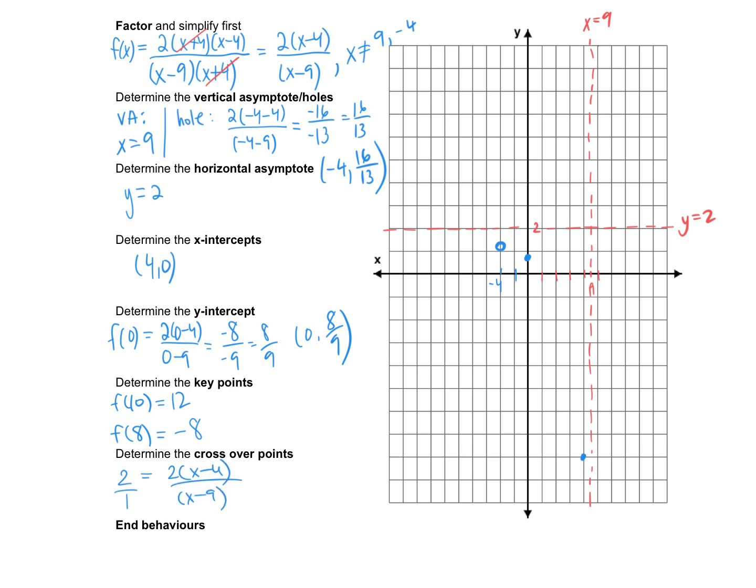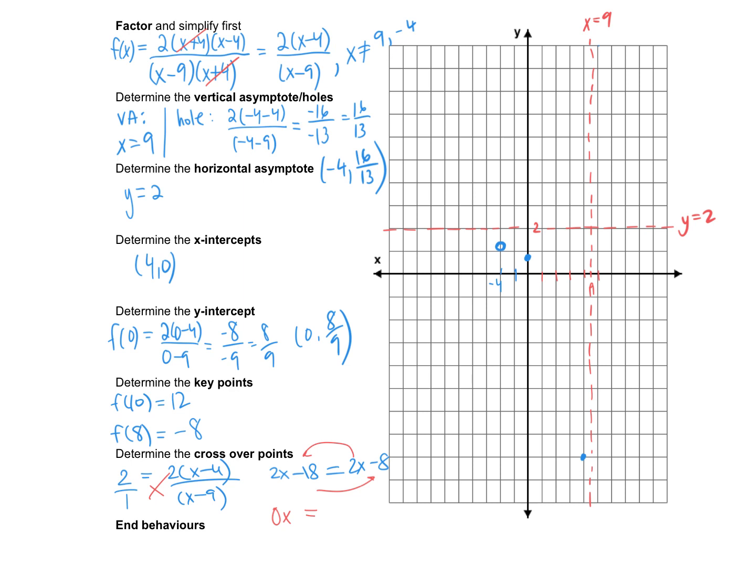I'll put that over 1, and then I'll cross multiply. So 2 times x minus 9 would be 2x minus 18. And then 2 times x minus 4 times 1. I'm just going to distribute that 2 in. There it is. Now, when you see this, you might already be seeing a red flag here. But if we don't, let's say I were to bring variables on one side, constants on the other. 2x minus 2x is 0x.